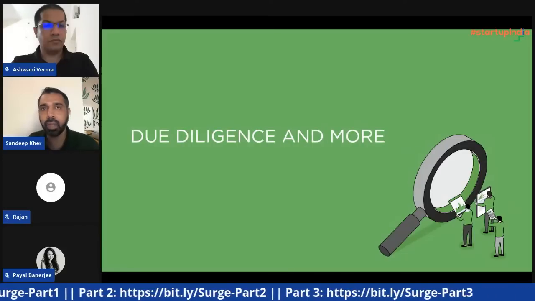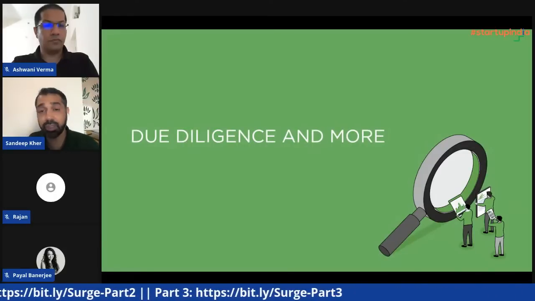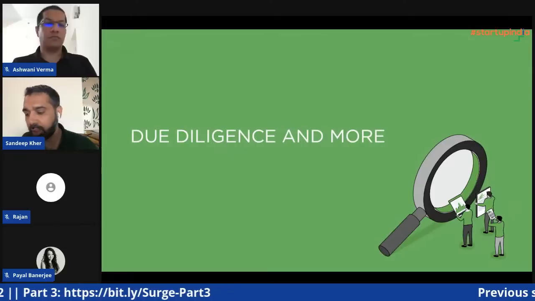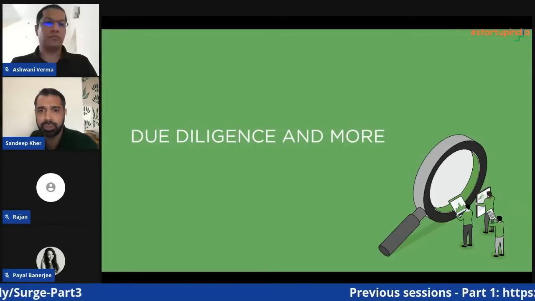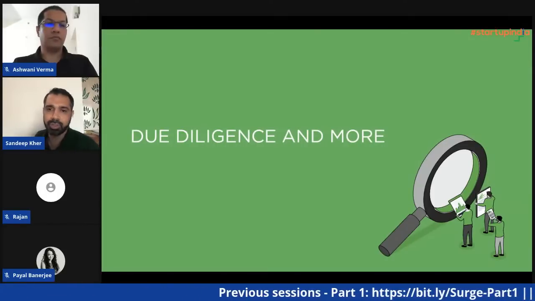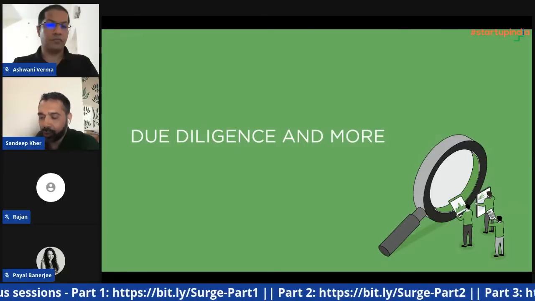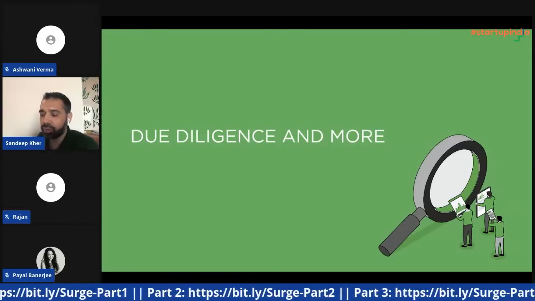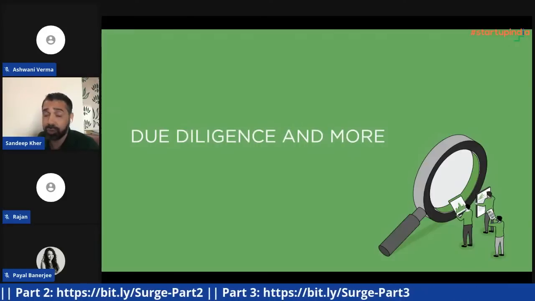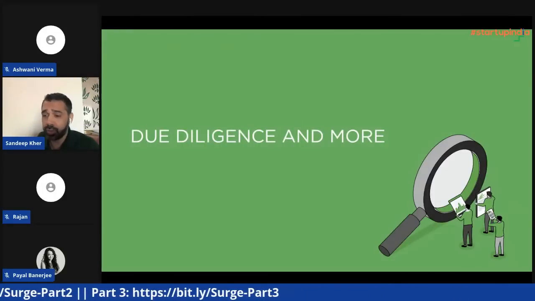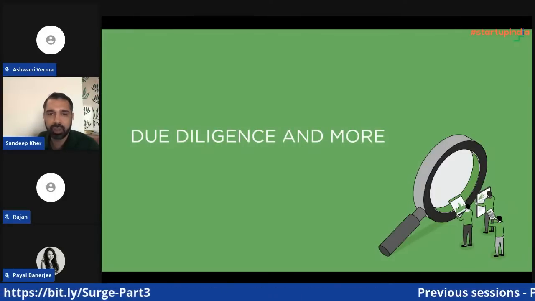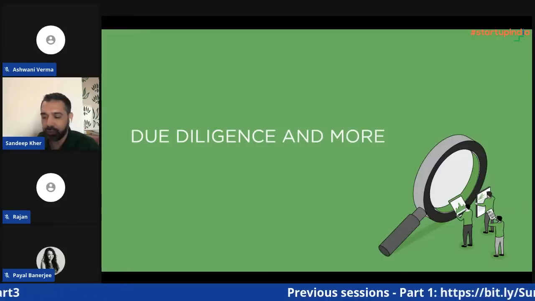Now, let's take another example. Assume you want to buy a house. Do you think the checks and balances you would want to play out would be similar? I think the answer is no. You would spend far more time and far more resources going through the title deeds. You would probably have a Vastu consultant come and check the house. You'll have a surveyor coming in.